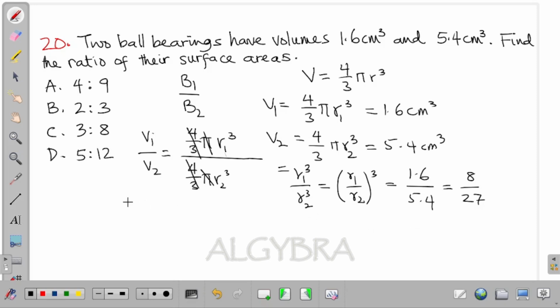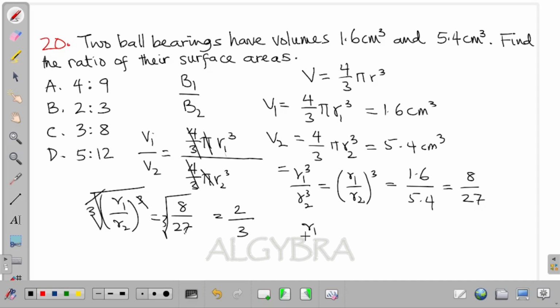Taking the cube root of both sides, the cube root of 8 is 2 and the cube root of 27 is 3, so the cube root cancels the cube. So the ratio of r1 to r2 is equal to 2/3.